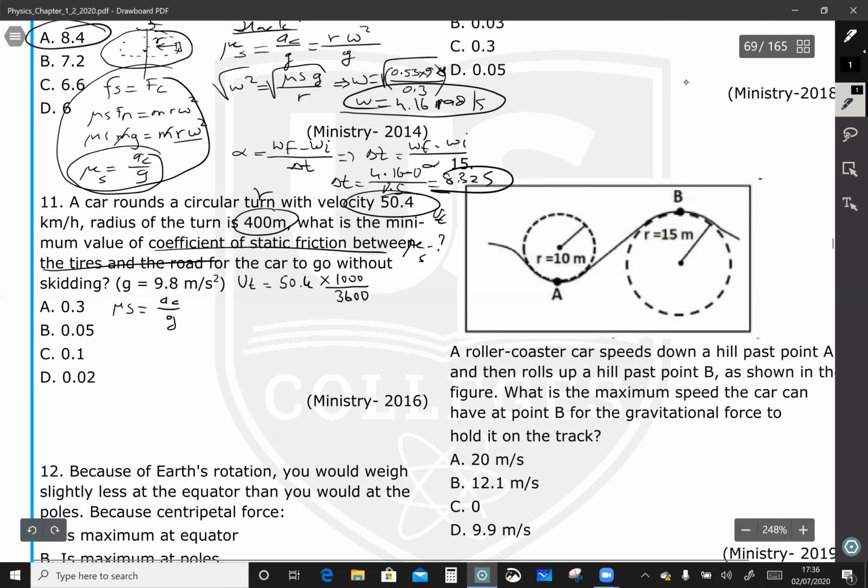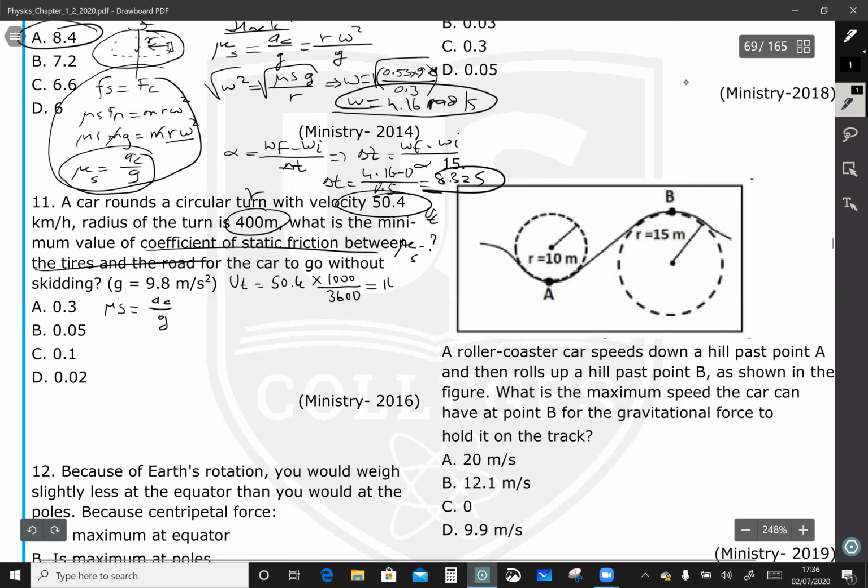Using the calculator, 50.4 multiplied by 1,000 divided by 3,600 is equal to 14 meters per second. So 14 meters per second is the tangential speed. Or directly, you can divide the kilometer per hour value by 3.6 to always get the result in meters per second.